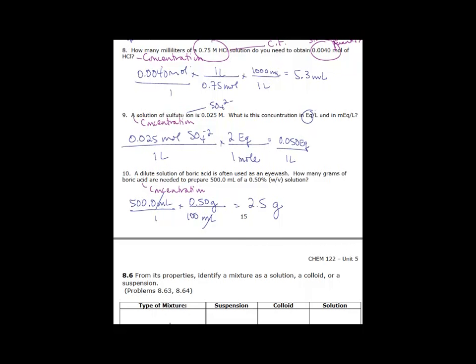So that answers this part of the question. To convert equivalents to milliequivalents, you're just going to multiply by 1,000 or move the decimal 3 places to the right. So 3 places to the right would give you 50 milliequivalents per liter.